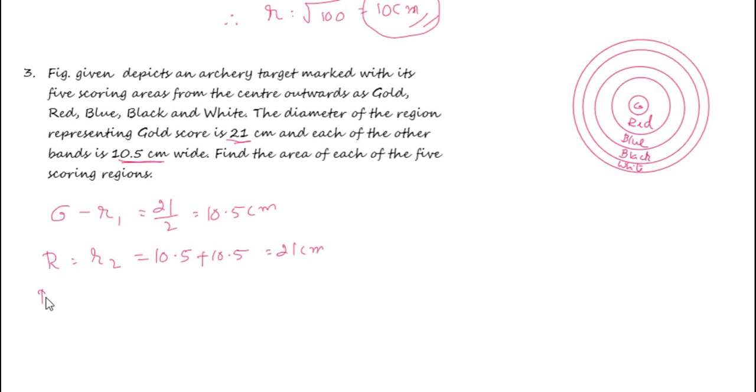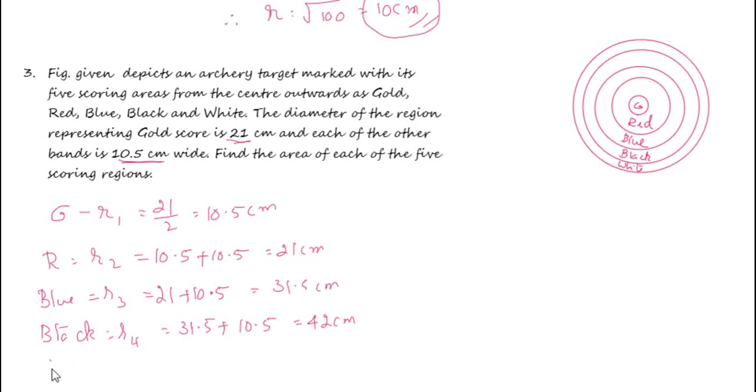Next is blue, that I will mark as R3, the radius, that is radius of red band 21 plus 10.5, this is 31.5. Then black band, this is R4, this is equal to 31.5 plus the width of the black band, that is 10.5, that is 42 centimeter.